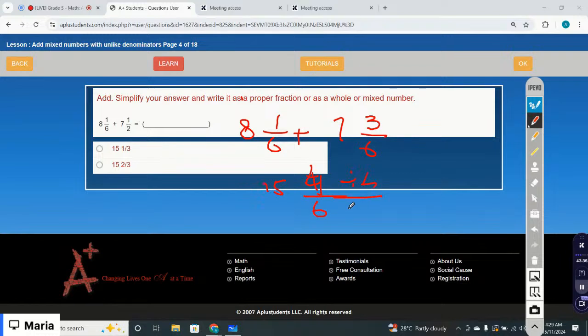Divide them by the common factor. So 5 whole 2 over 3. The correct option is option number 1. Option number 2, that is 15 whole 2 over 3, not 5, sorry.